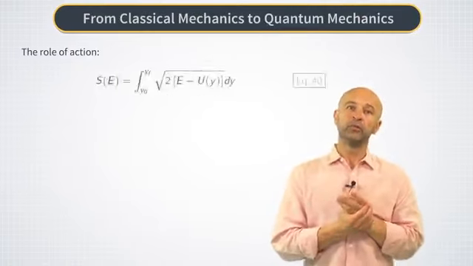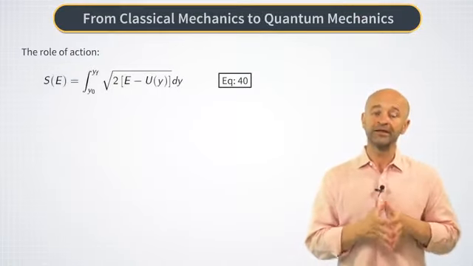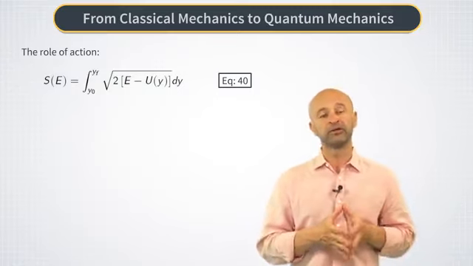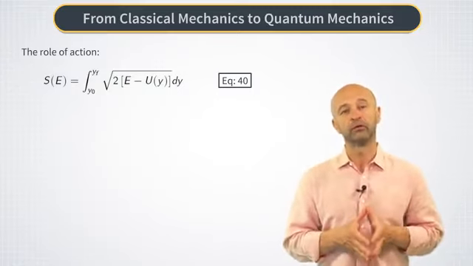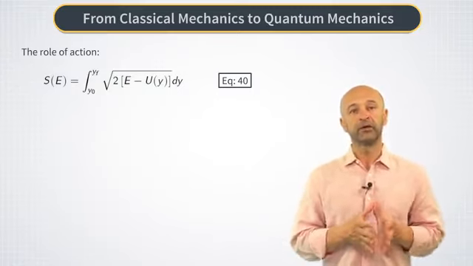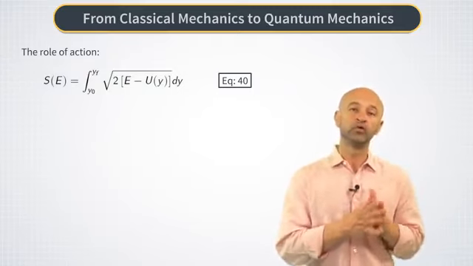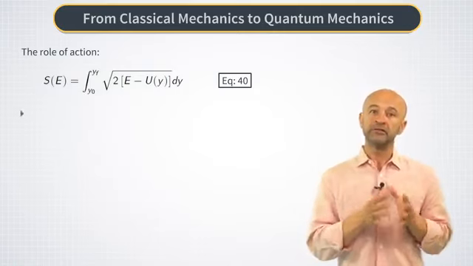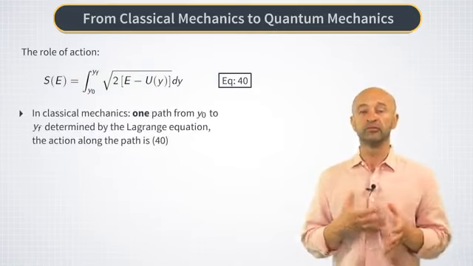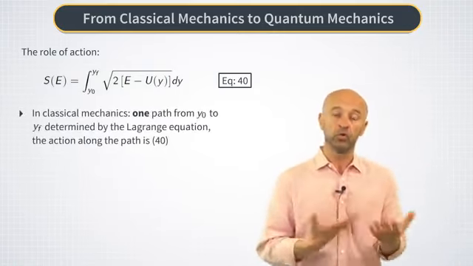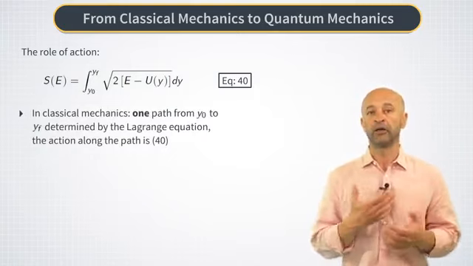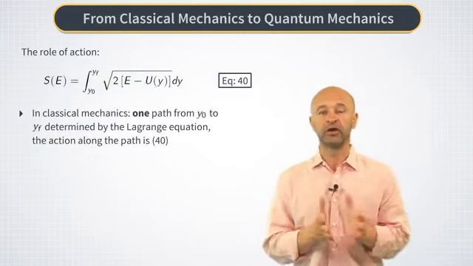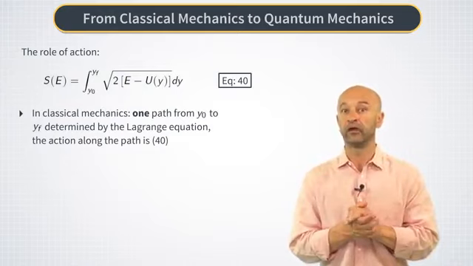Now, the reason we talk about the action at length here is that while it plays a somewhat formal role in classical mechanics, it becomes vital in quantum mechanics and statistical mechanics. Indeed, in classical mechanics, you can, in principle, proceed just with the Newtonian mechanics, and Newtonian mechanics does not use any notion of the action.